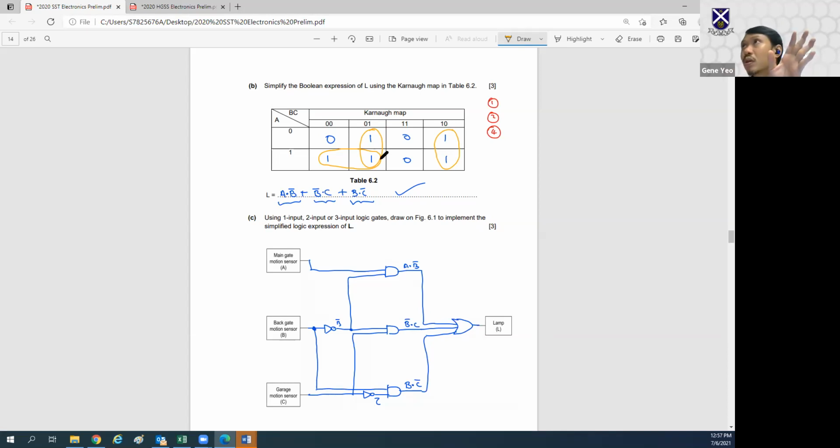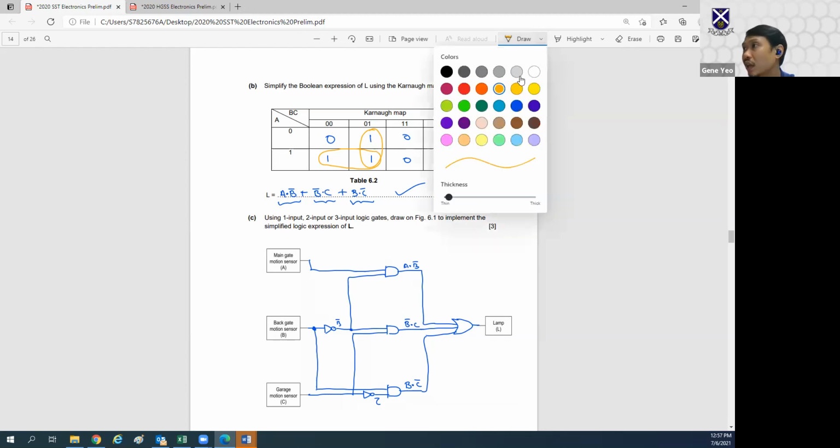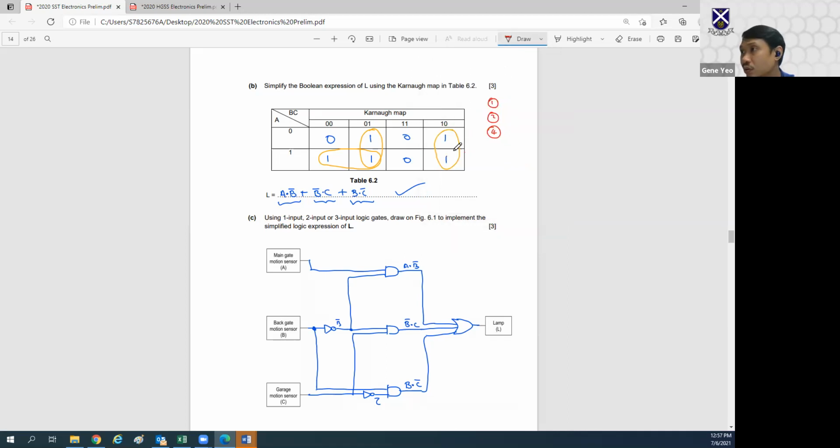There is no one that is ungrouped. So my job here is done. I do not need to group any more ones. If you still want to group this fella and this fella, this is unnecessary because this fella is already grouped. There are no more ungrouped ones.